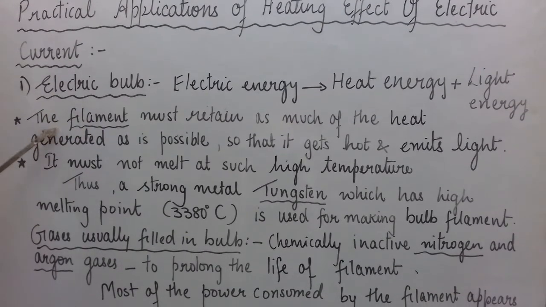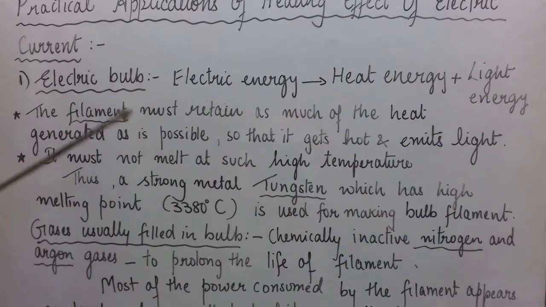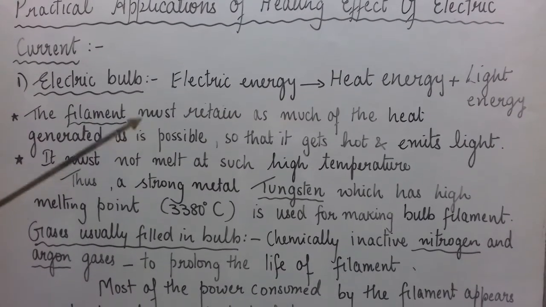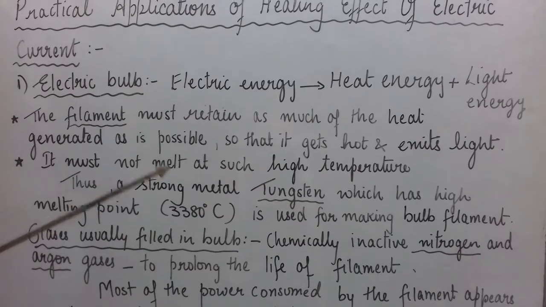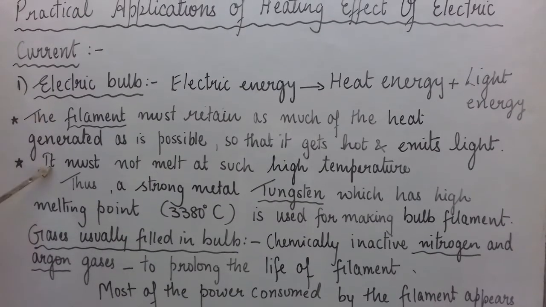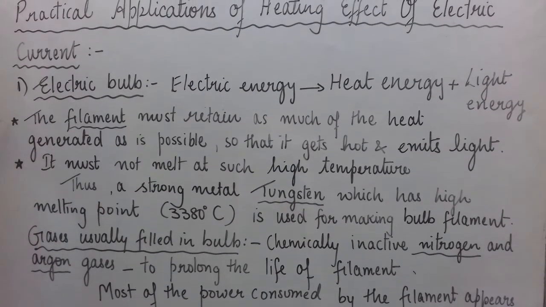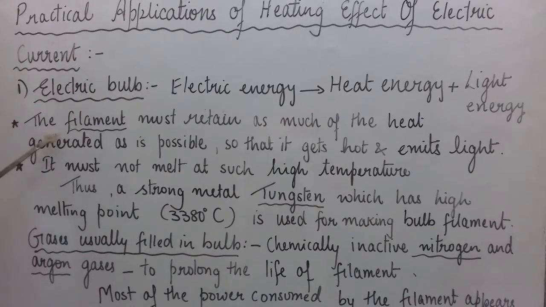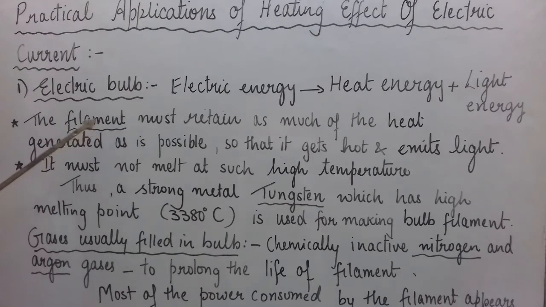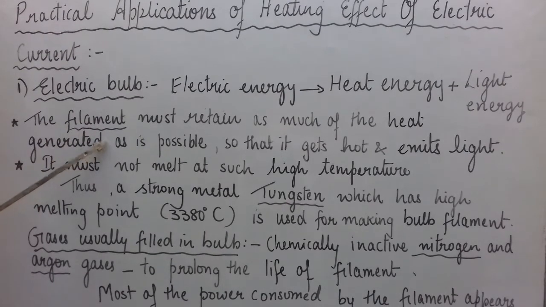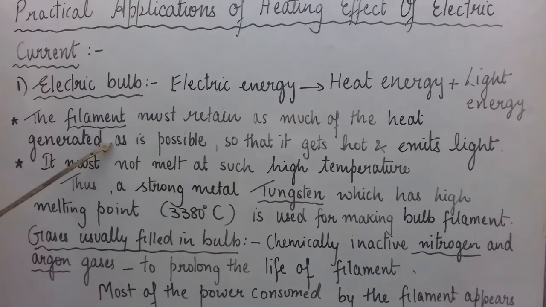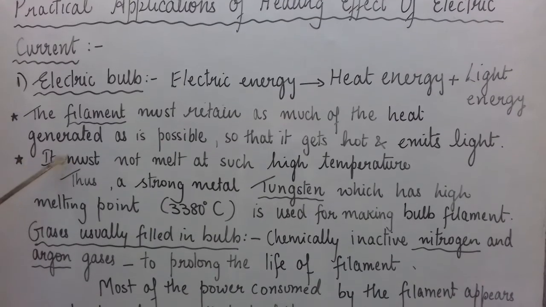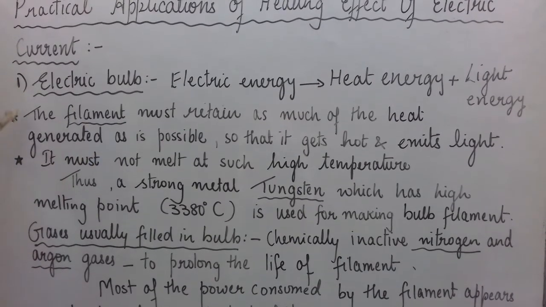Since the temperature is very high, at such temperature the filament should also not melt. So these are the two conditions required for the filament of an electric bulb. One, it must retain as much of the heat generated as is possible so that it gets hot and emits light. And second, it must not melt at such high temperature.